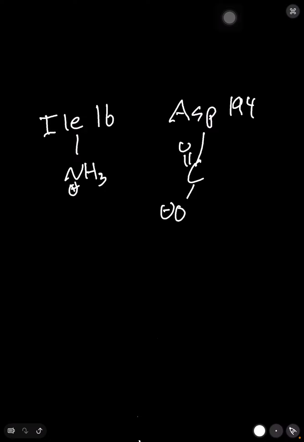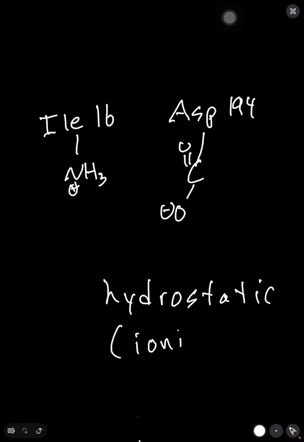All right, so remember all those different forces we talked about that can help hold together a protein's tertiary structure? One of them was hydrostatic interactions. That's just another fancy schmancy term for ionic interactions. Plus charges being attracted to negative charges, right?